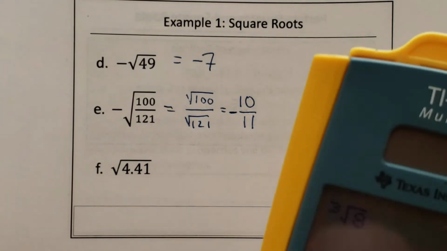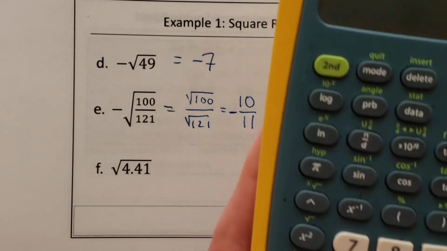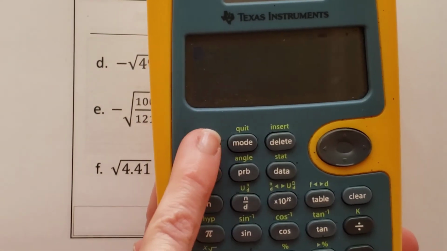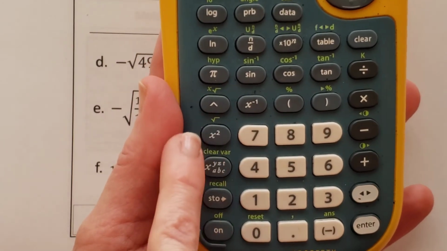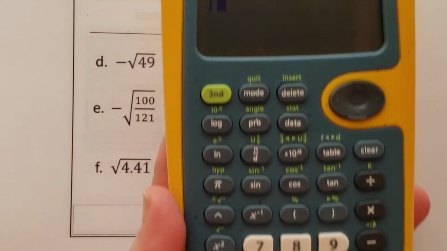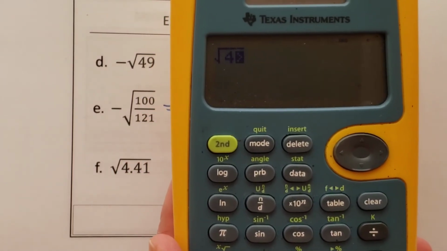F, I'm not really sure what the square root of 4.41 is, but I'm going to just put it in my calculator. I'm going to hit the second button. I'm going to hit the x squared button because I want the radical above it. I'm going to type that in, 4.41.